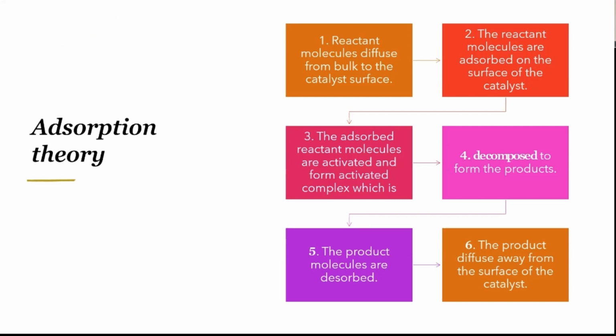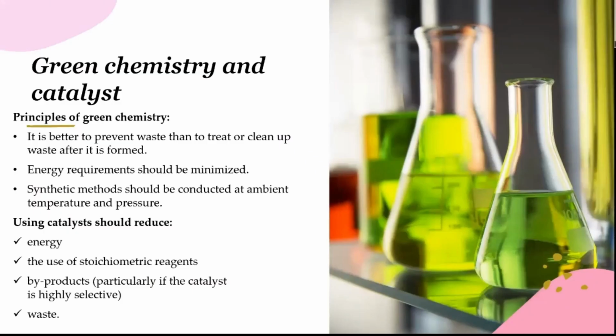This activated complex is going to decompose into the product. Now the product is still on the catalyst. It has to be desorbed. It has to move away from the catalyst and give way for other reactant molecules. So this product diffuses away from the surface of the catalyst. This is what the adsorption theory explains.